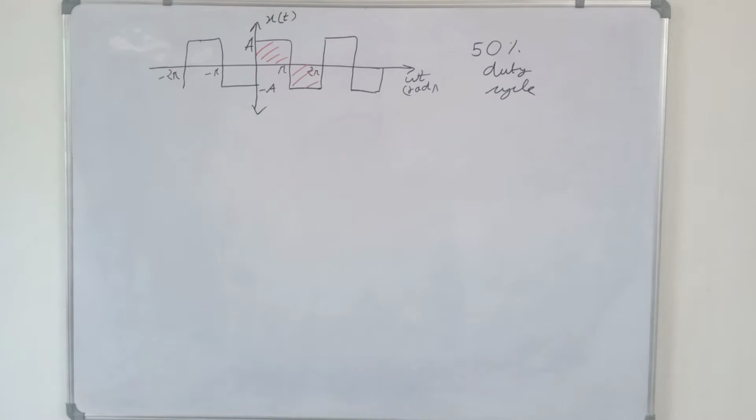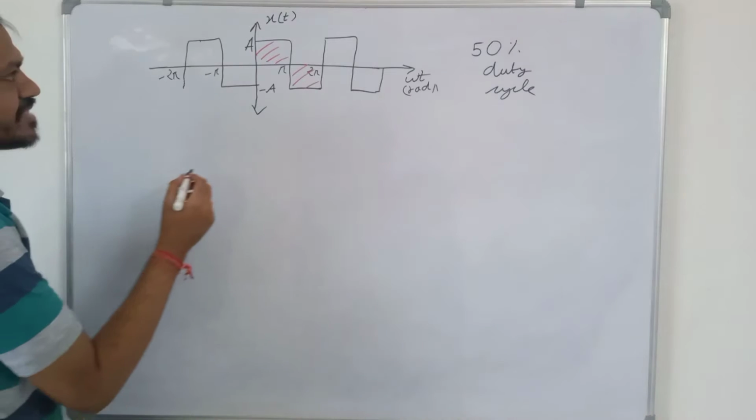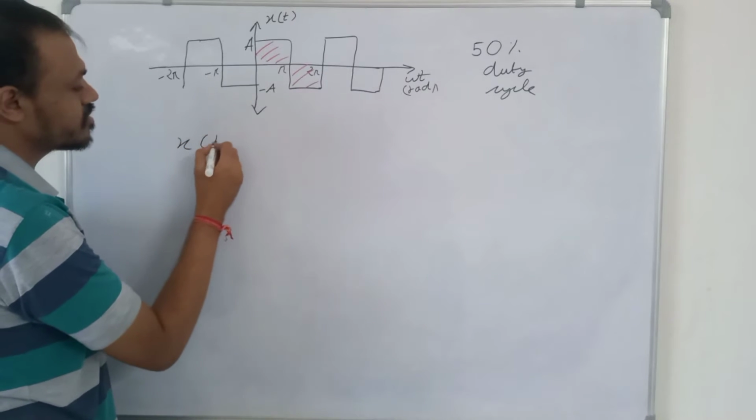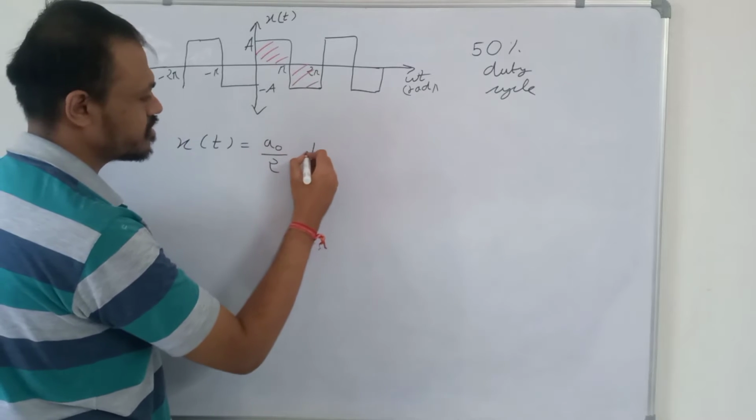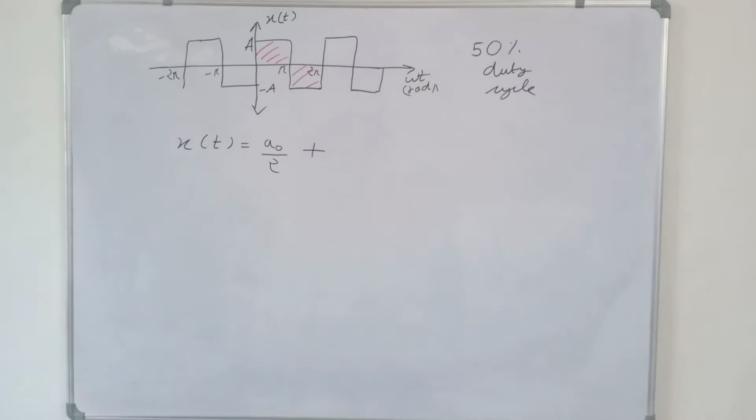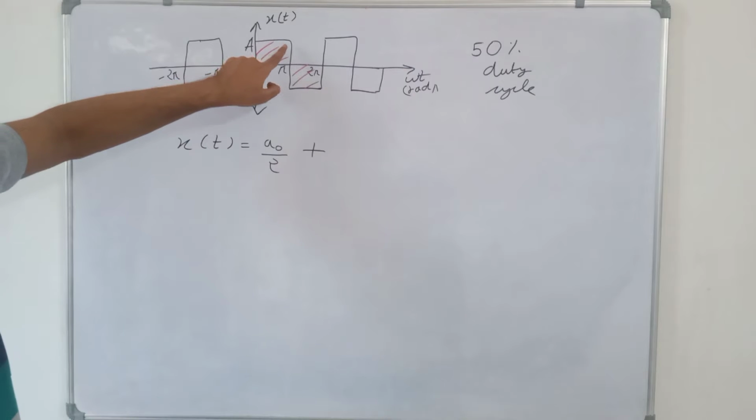So if we have to find the Fourier series of this signal, we can find the trigonometric Fourier series. So x of t is equal to a naught upon 2 plus..., where a naught upon 2 is the DC value or the average value, and this signal has 0 average value because of the 50% duty cycle.